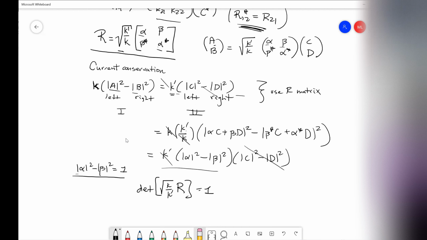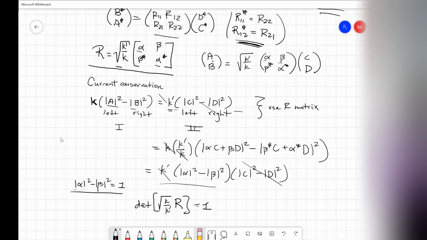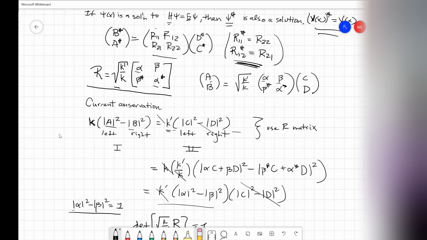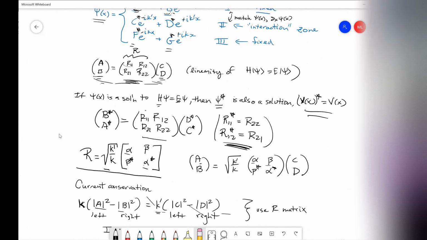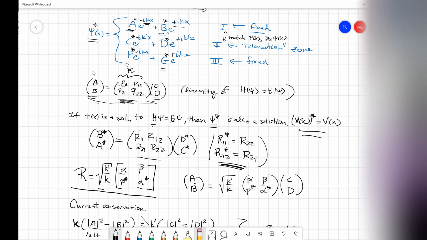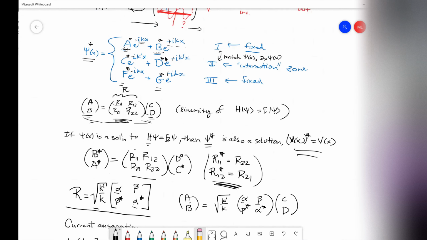Okay, so then let's look at the physics of this, right? Let's look at the actual boundary condition here.